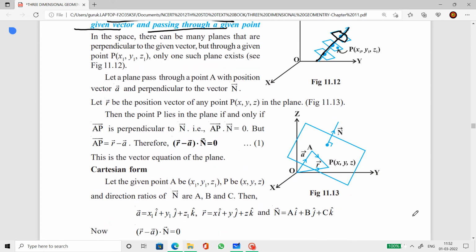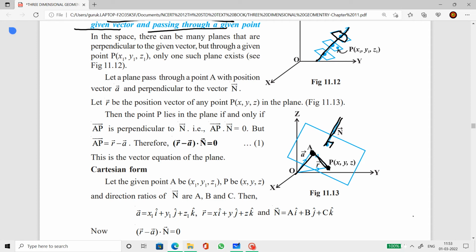Now, how do you find the equation of one such plane whose perpendicular vector is given and passing through point is given? So here A is the given passing through point, OA is the position vector of A, N is the perpendicular vector, P is any arbitrary point, because an equation must have an arbitrary point. Only then an equation can be formed. An equation must be in terms of x, y, z. x, y, z is any arbitrary point. So when you join AP vector, you get a line segment.